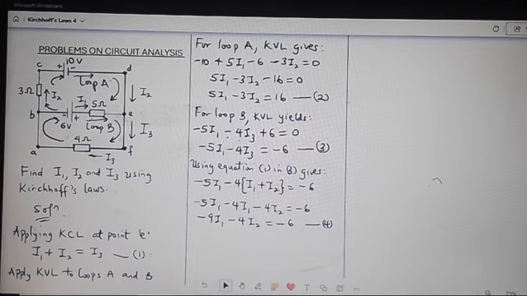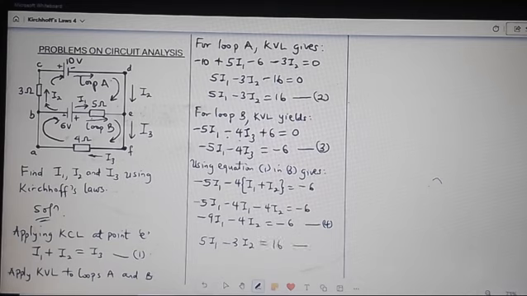So looking at equation 4 and equation 2, we can solve them simultaneously since equations 2 and 4 have the same unknowns. So let's bring the equations together. This is equation 2, I'm rewriting it. So we have 5I1 minus 3I2 equal to 16.